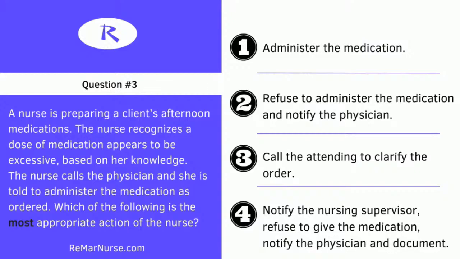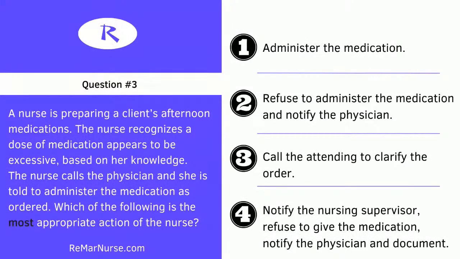Is it 1, administer the medication? 2, refuse to administer the medication and notify the physician? 3, call the attending to clarify the order? 4, notify the nursing supervisor, refuse to give the medication, and notify the physician and document.